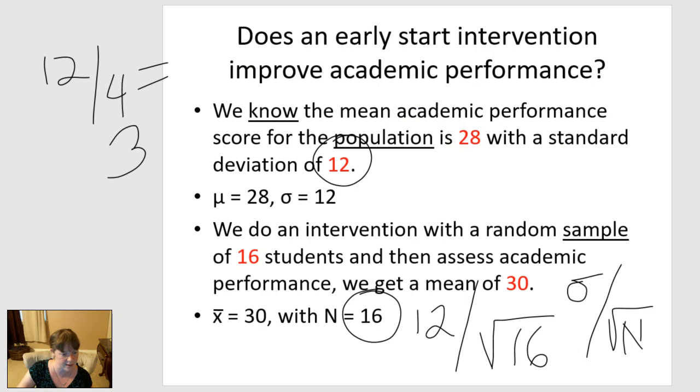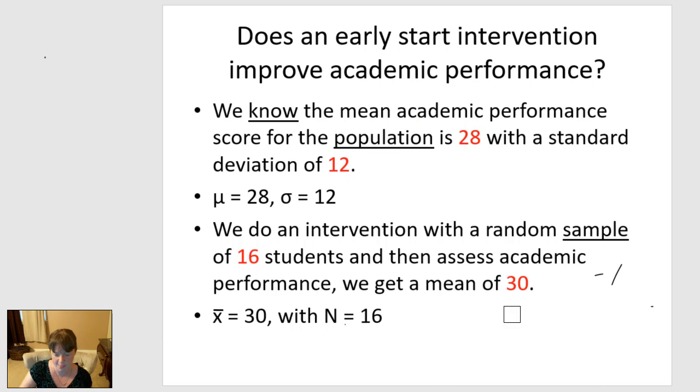Let me erase all this stuff. This was our original example. Our standard error is based on the null hypothesis standard deviation, the known population value, divided by the square root of the sample size. Once you grab one sample of 16 kids, each sample is going to have 16 kids in it.